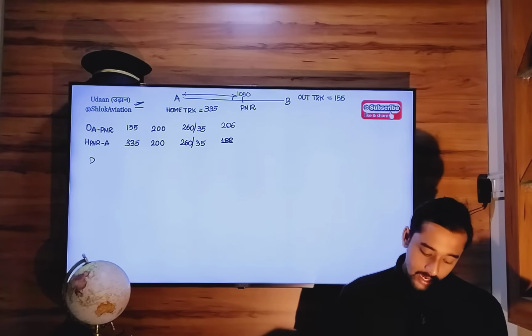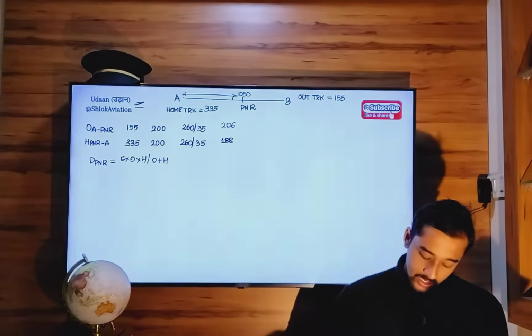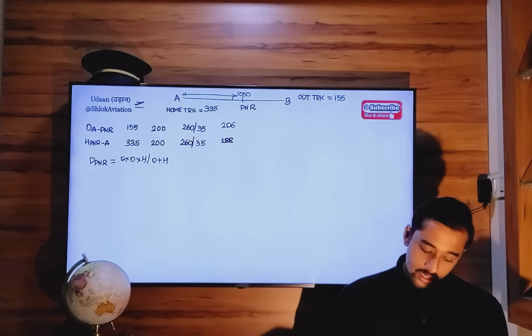Now distance to PNR will be equal to endurance into outbound plus homebound divided by outbound plus homebound. So distance to PNR is 1050.